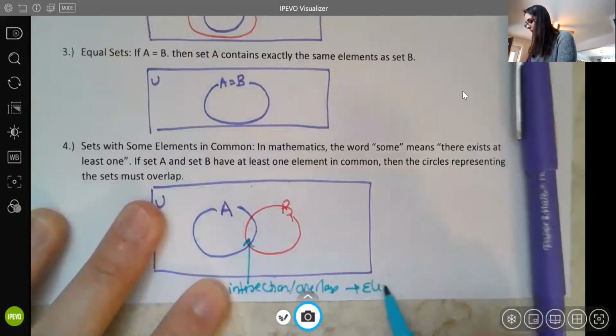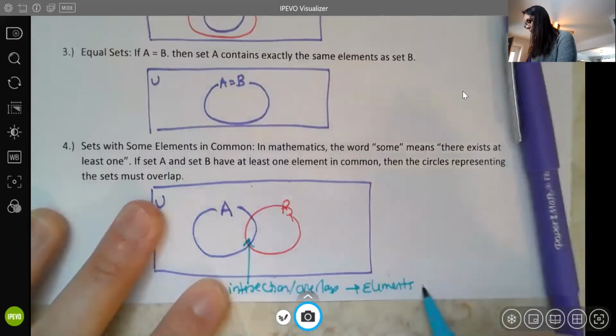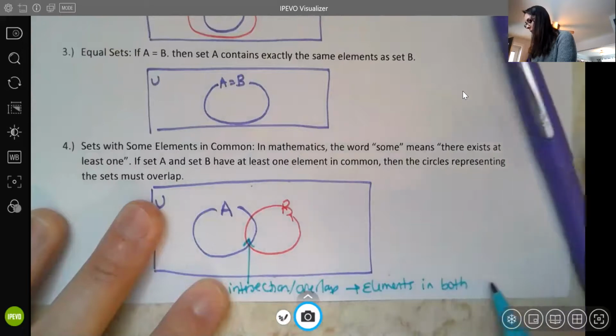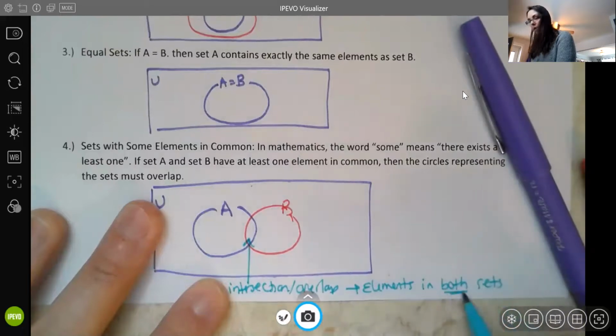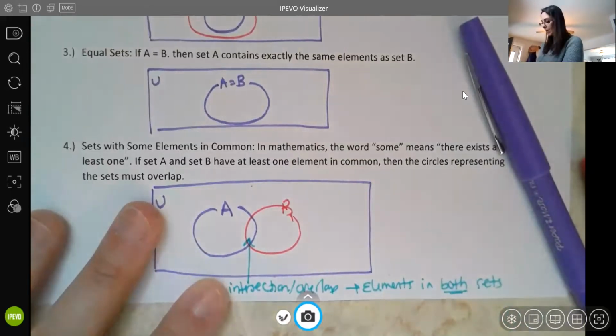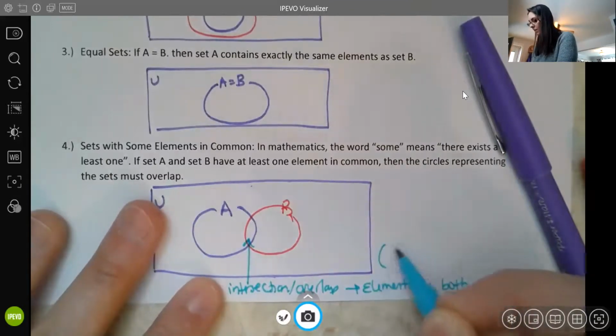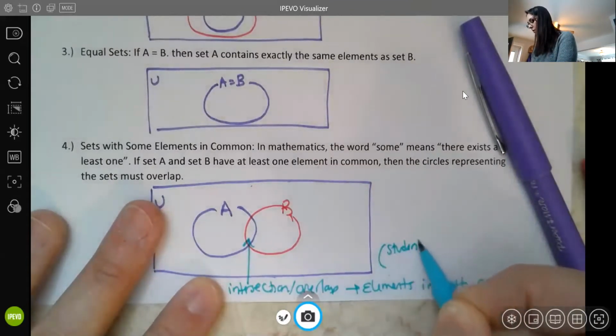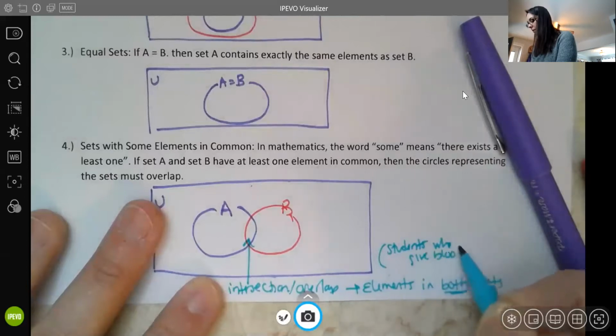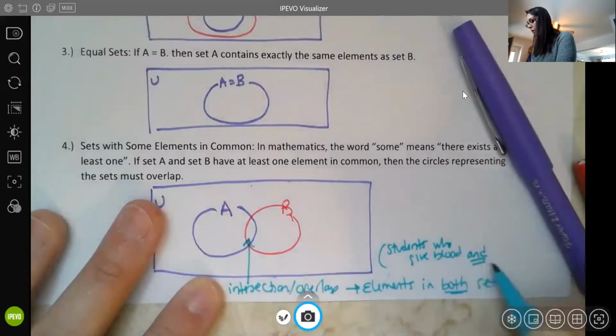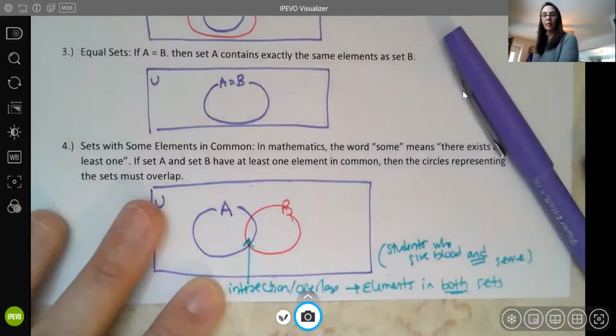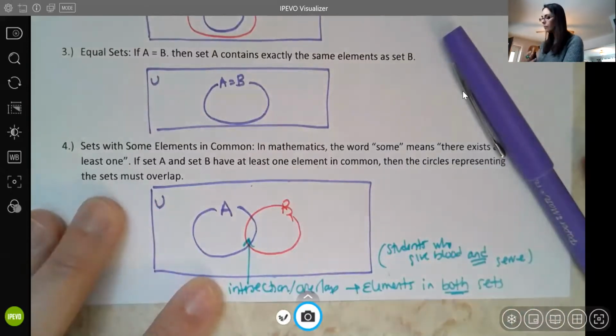And these are your elements in both sets, right? So they're in both sets A and B. In this case, these are students who give blood and also serve breakfast, right? They're willing to do both of them. So that's your overlapping area.